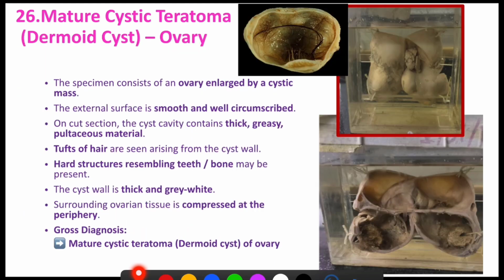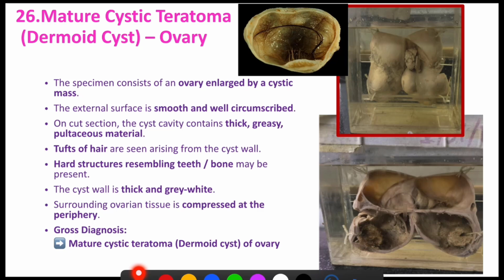Now, mature cystic teratoma or dermoid cyst of ovary. Here, this is an already cut open cystic area where you find a hair tuft. A very easy specimen to identify for your exam, because only a hair tuft will indicate this is a mature cystic teratoma.